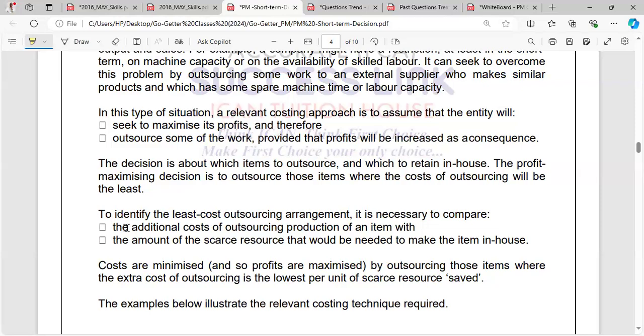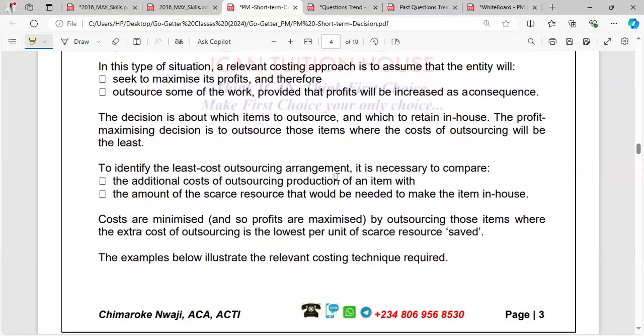So here, we need to identify the least cost outsourcing arrangement. It is necessary to compare the additional cost of outsourcing production, like we said, additional cost of outsourcing an item with the amount of the scarce resource that will be needed to make the item in-house.